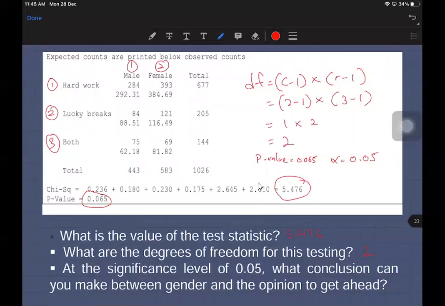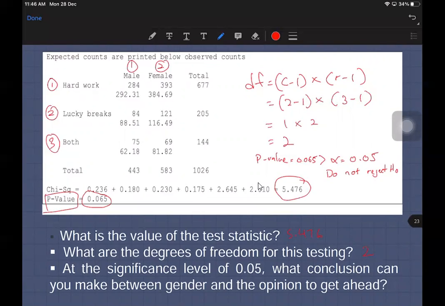So the p-value now is greater than alpha, meaning to say, do not reject the null hypothesis. This is using the p-value approach.